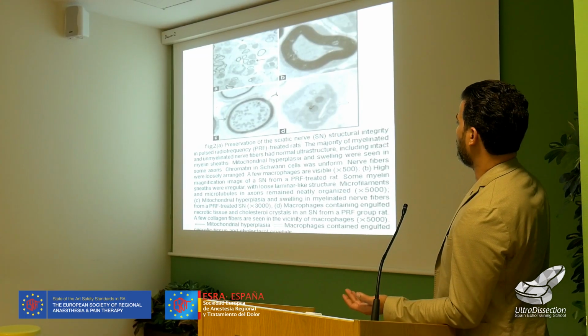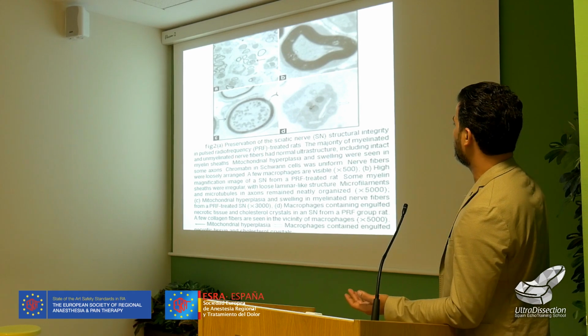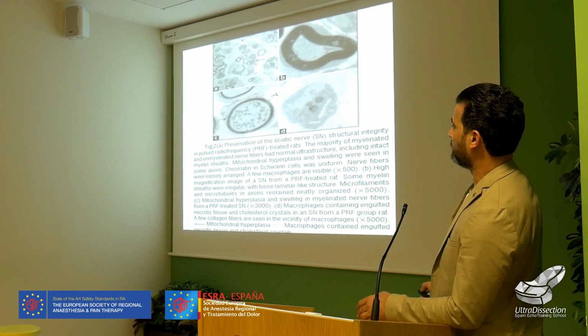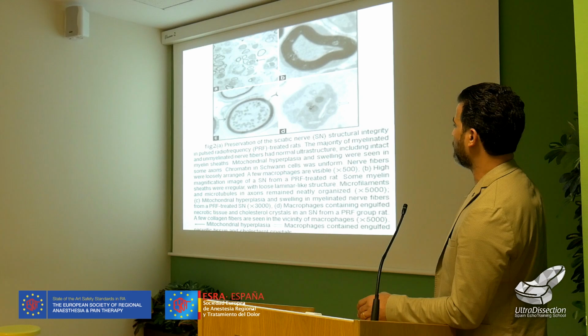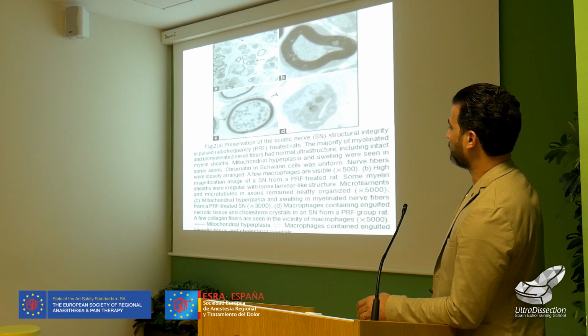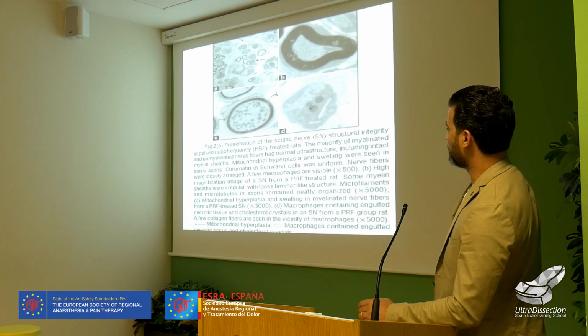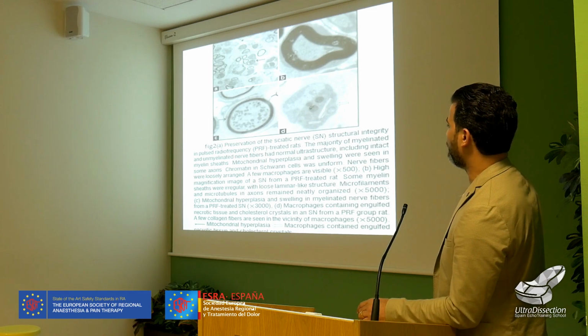This is after pulse radiofrequency. See the difference here. The majority of myelinated and unmyelinated fibers had normal microstructure, including an intact myelin sheath; mitochondrial hyperplasia and swelling were seen in some axons. Here the Schwann cells and nerve fibers are also uniform.